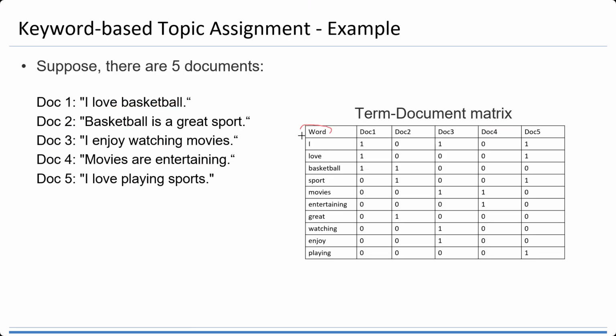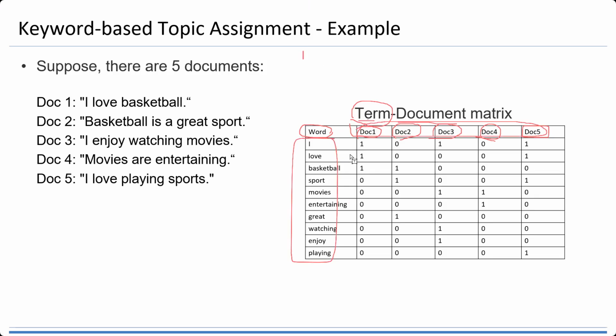We can calculate the term for every document: document 1, document 2, document 3, document 4, document 5. We call this the term document matrix because the row is the term and the column is the document.